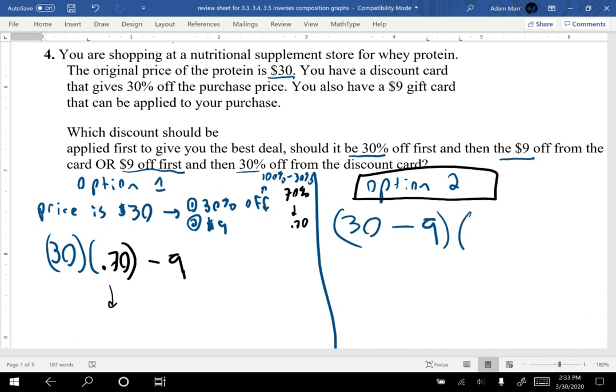We said 30% off is 0.70 of the original value, so we take that and multiply by 0.70. Figure out what this is on your own, just simple arithmetic, and tell me what's the better option: taking the percentage off first, then subtracting 9, or subtracting 9, then taking the percentage off.